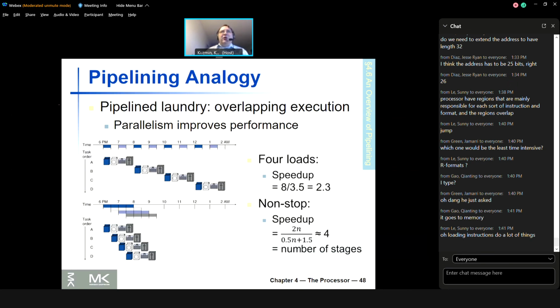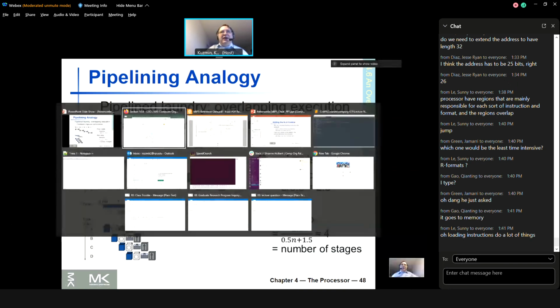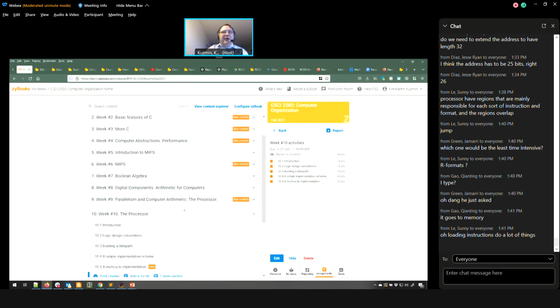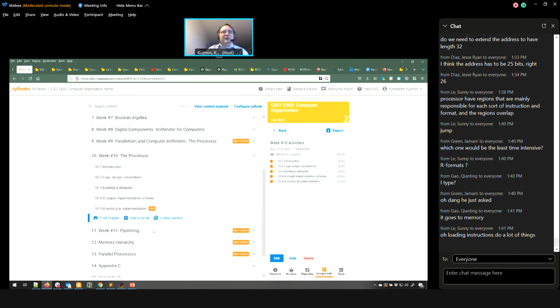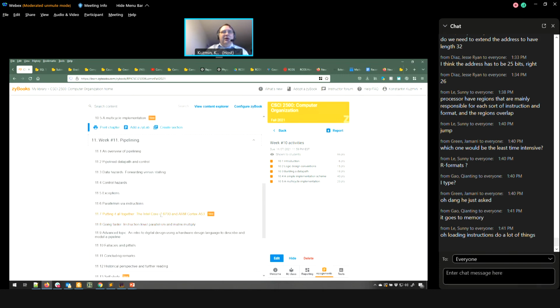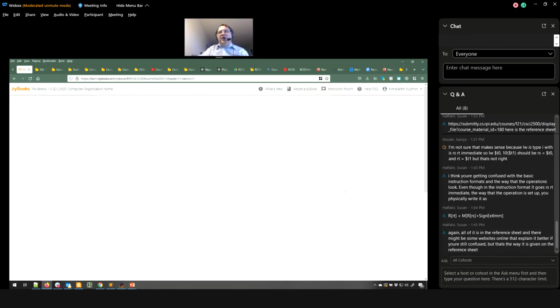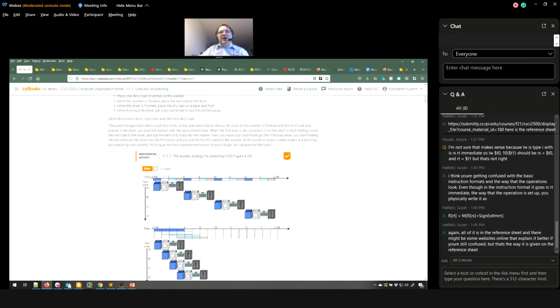So here's our pipelined laundry analogy from their textbook, and actually Zybooks have this animated. So with your permission, I'm just gonna switch to their animated version of this figure, just because I like it.